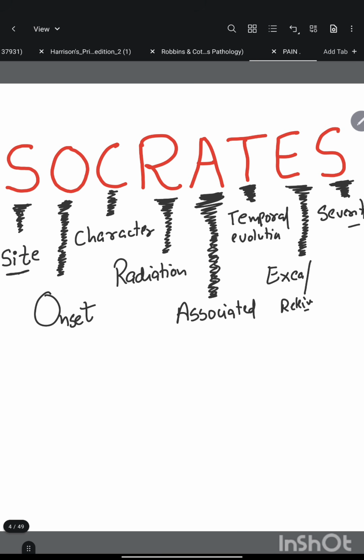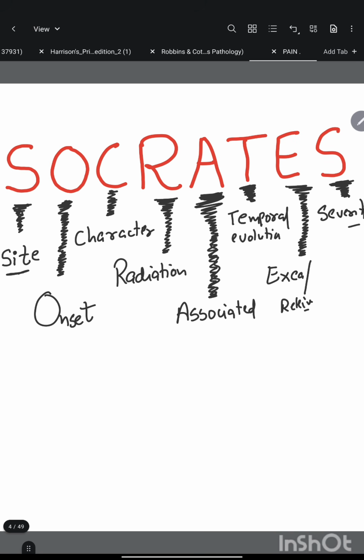So, whenever a patient presents to us, maybe say chest pain or pain in abdomen or headache, this is the common mnemonic that we generally use in our clinics so that we don't miss any point. So it is SOCRATES.